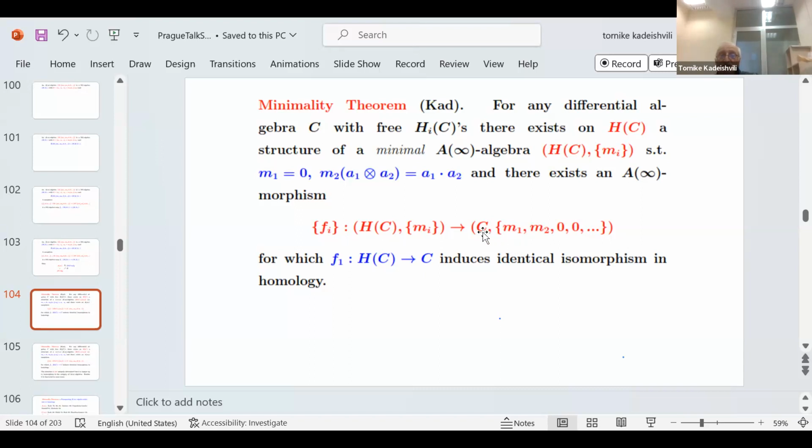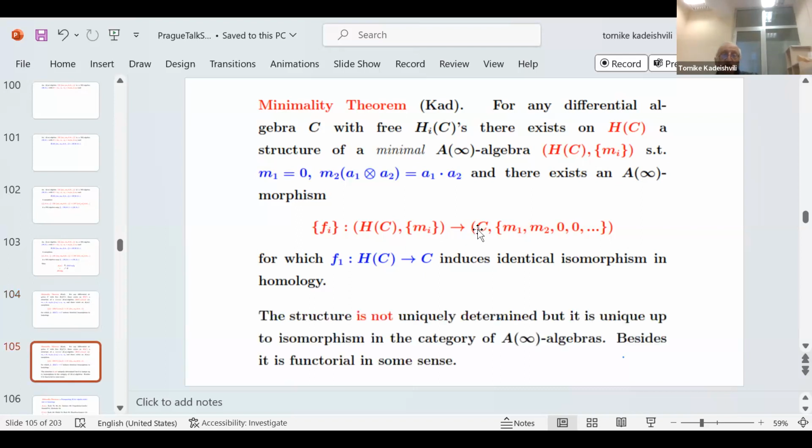So when we stepped from a chain complex to its homology algebra, we said that we are losing plenty of information. But if we add to homology the collection of all Ms, then it carries the same information as our C. And this is not uniquely determined.